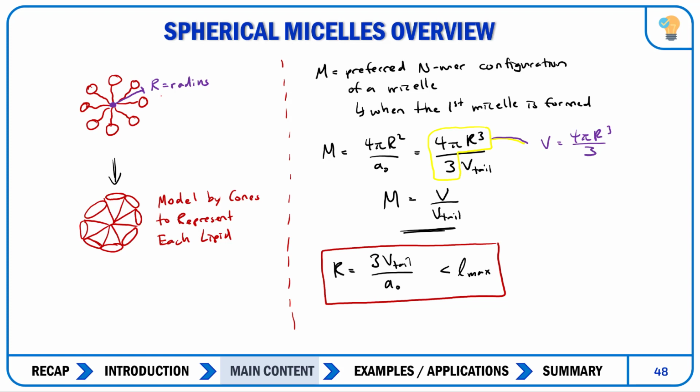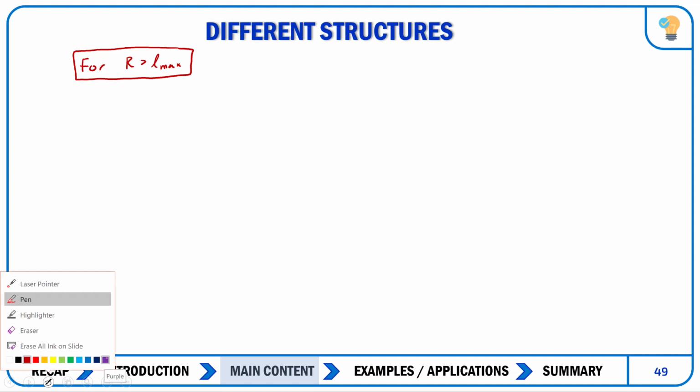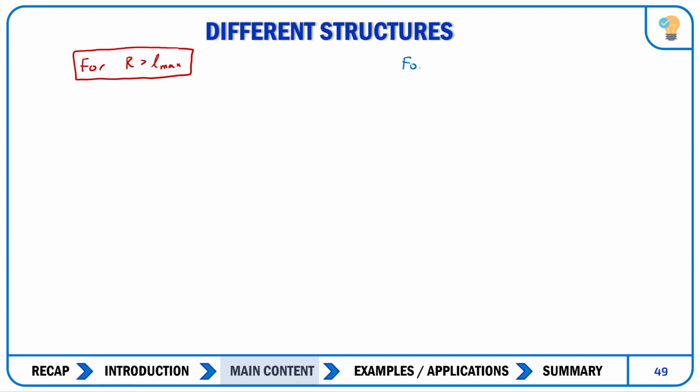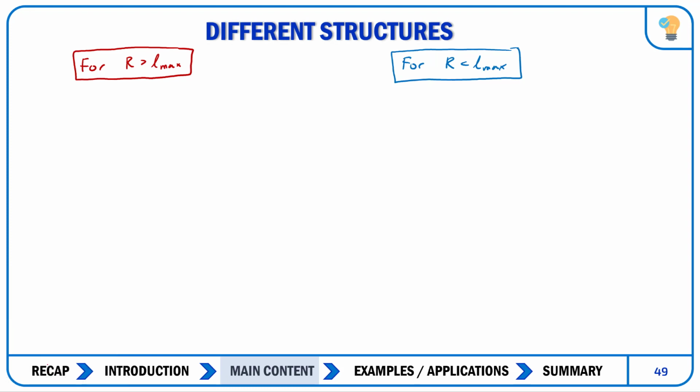So we're going to go through that analysis in the next slide. The first thing is for R greater than L max. I want to do a side-by-side comparison of what happens if we do have a radius that's greater than L max, and another one for what happens when R is less than L max. So when R is greater than L max, I'm just going to draw one lipid first.